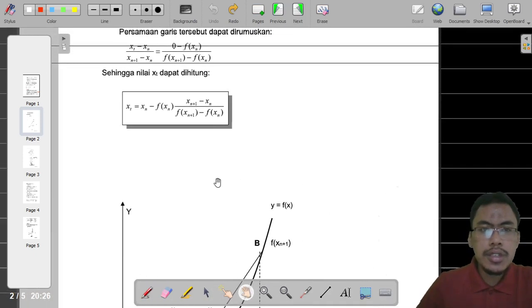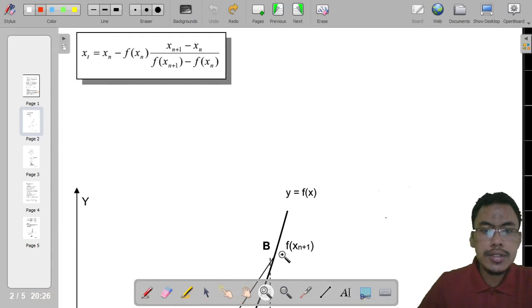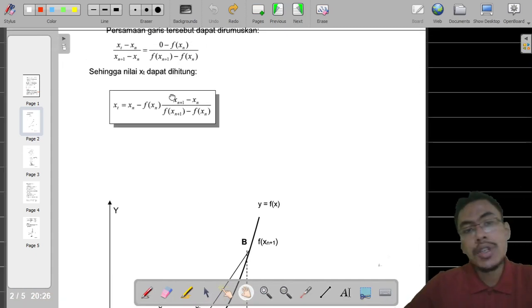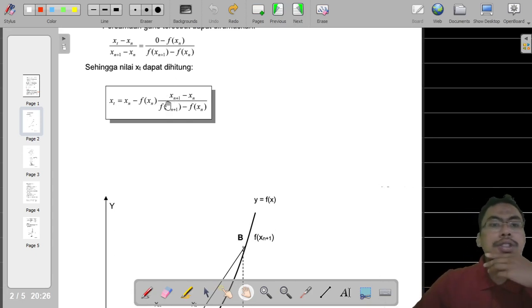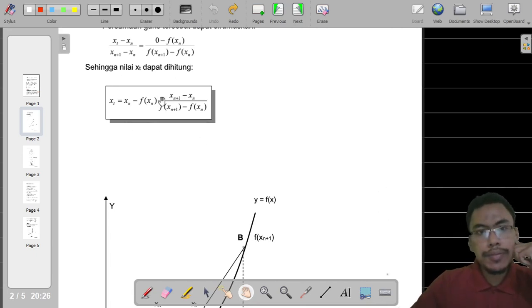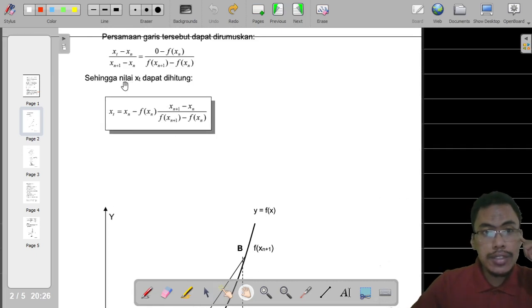So this is the formula that we can use to find the root of an equation. Using this formula, if we compare with the bisection method, this method will be faster because we have a shorter algorithm to find the root.